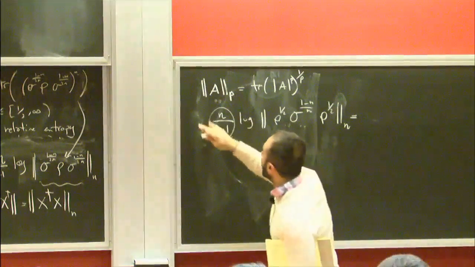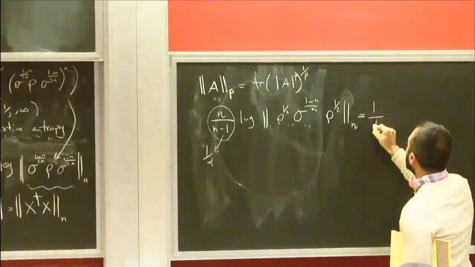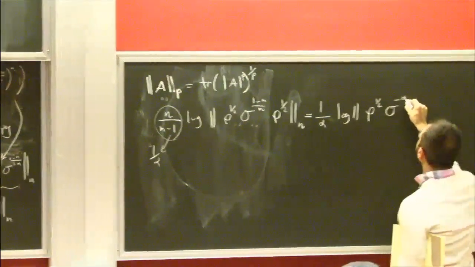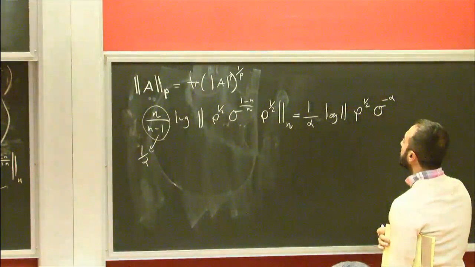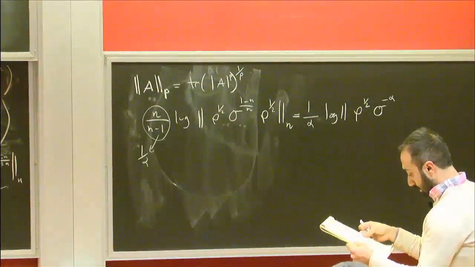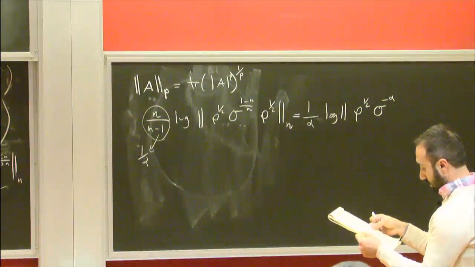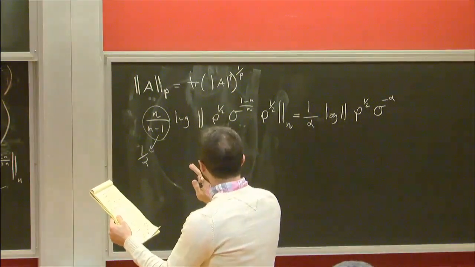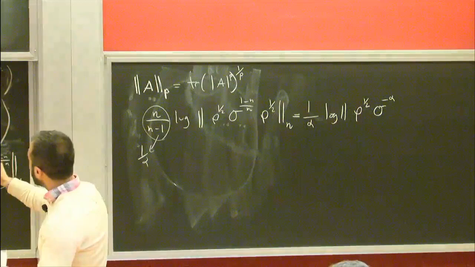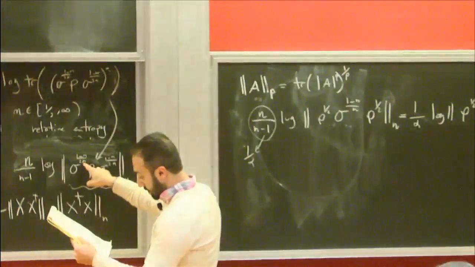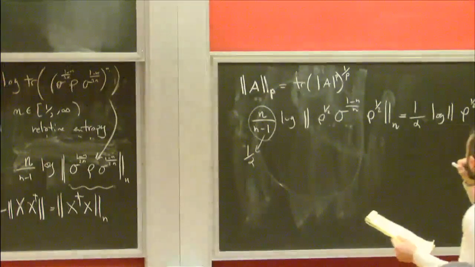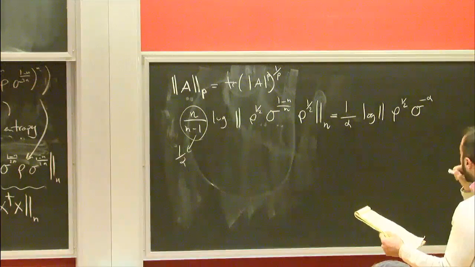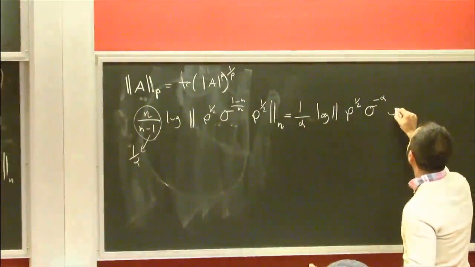This is 1 over alpha, so that this becomes sigma of alpha over 2 rho. No, actually, that's correct. Yeah, that's correct.